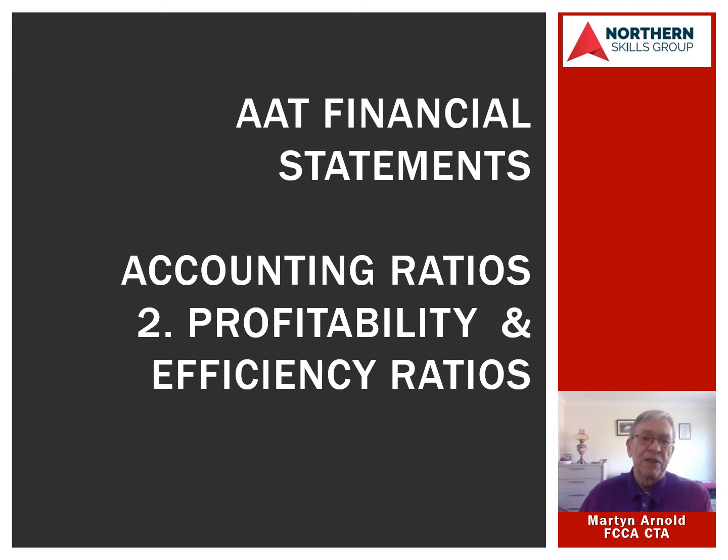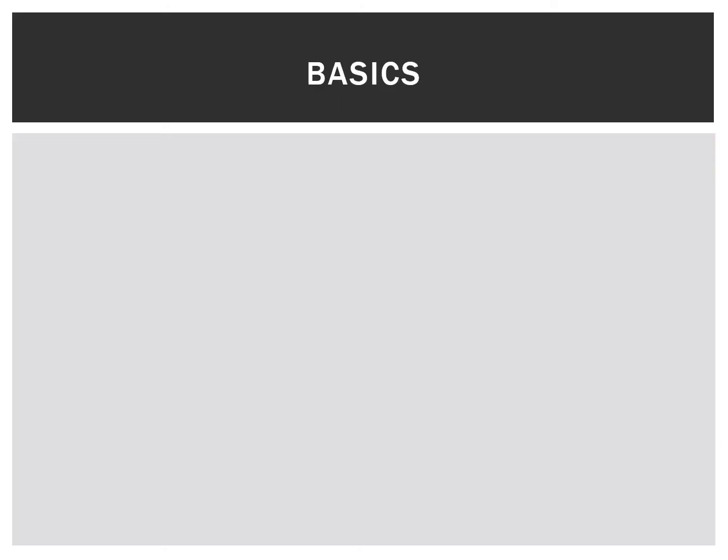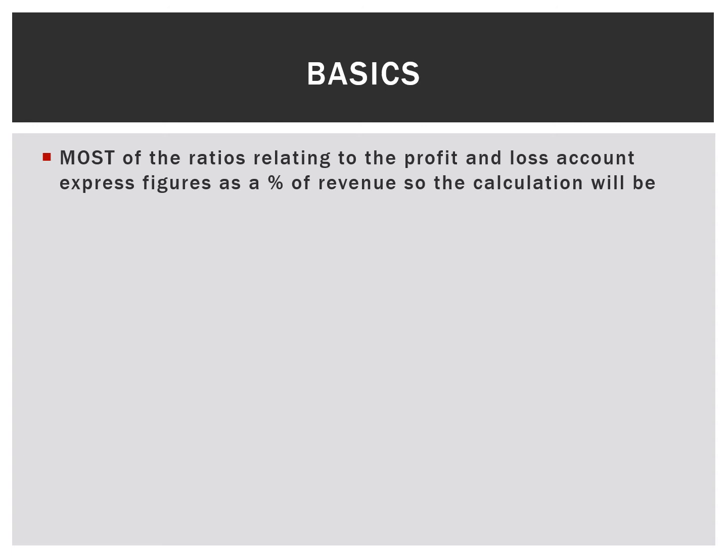The calculations that I'm including on this presentation are based on the second set of figures that I've previously issued to you. So nearly all of the calculations that you'll perform on the profit and loss account tend to express the figure as a percentage of revenue.